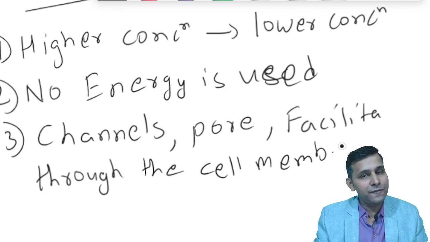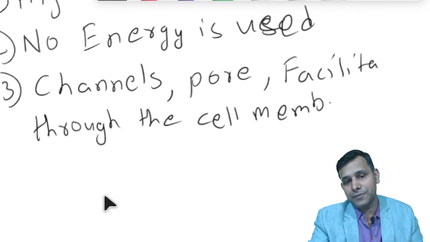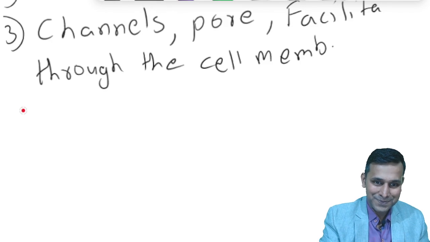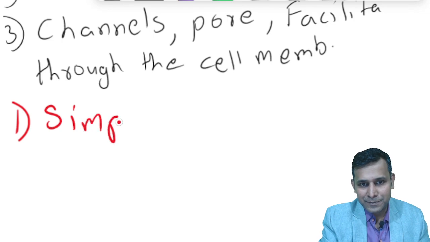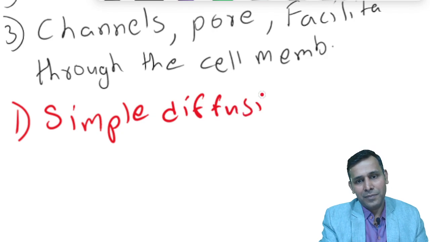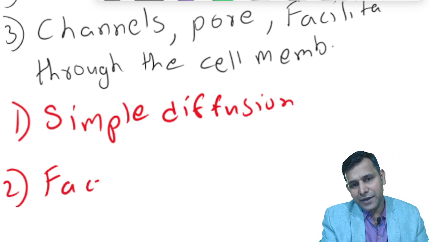This movement of passive transport is broadly classified into two subtypes. Number one is simple diffusion, and number two is facilitated diffusion.